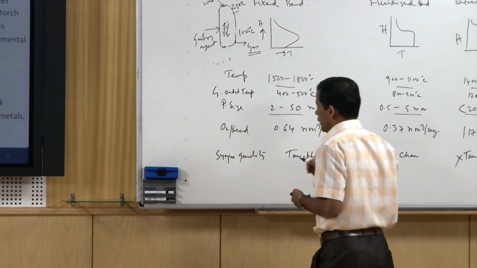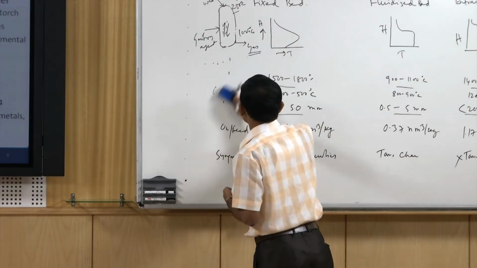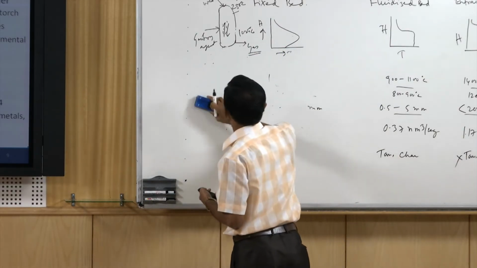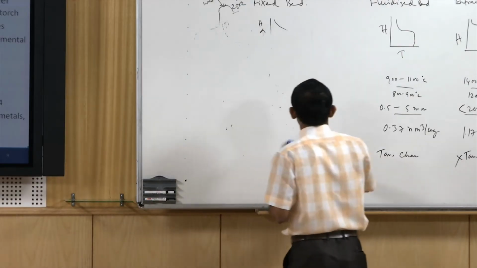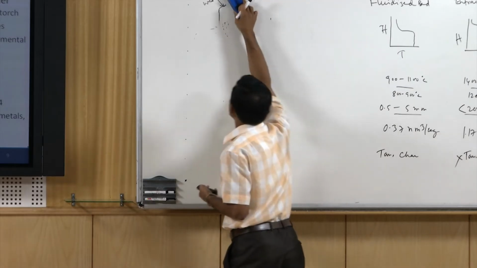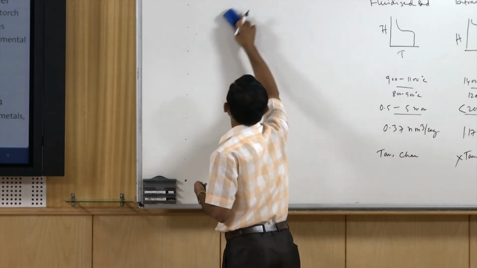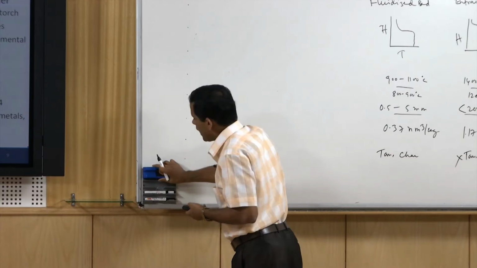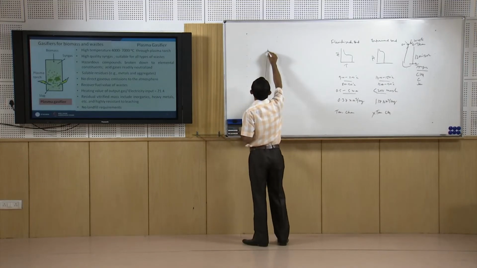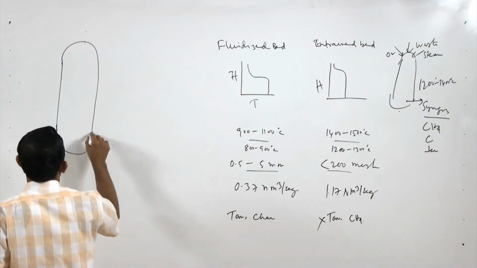This new type of gasifier is called the plasma gasifier. In the plasma gasifier, unlike other conventional gasifiers, we do not need to send gasifying agents like oxygen or steam. Instead, we need to give a high voltage across two electrodes.